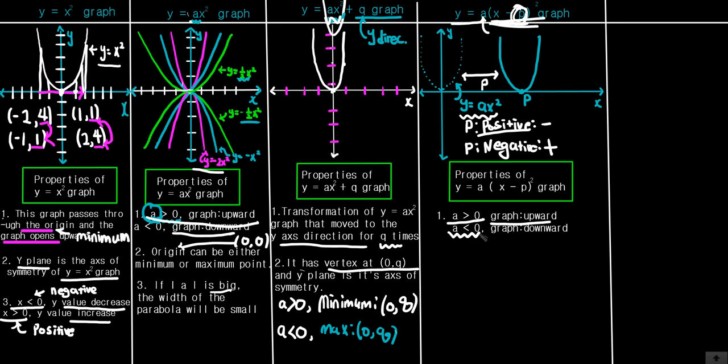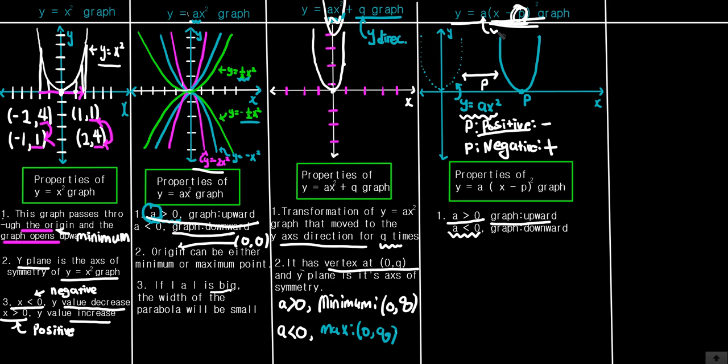When the value is negative, which means it is less than 0, the graph will go downward. For the value of a, we need to remember that it is just a number that defines a downward or upward graph format.